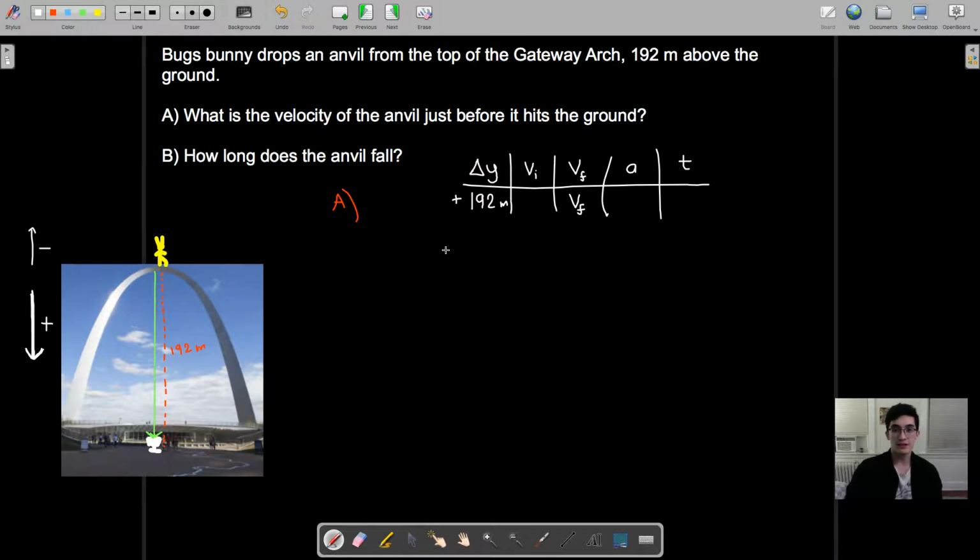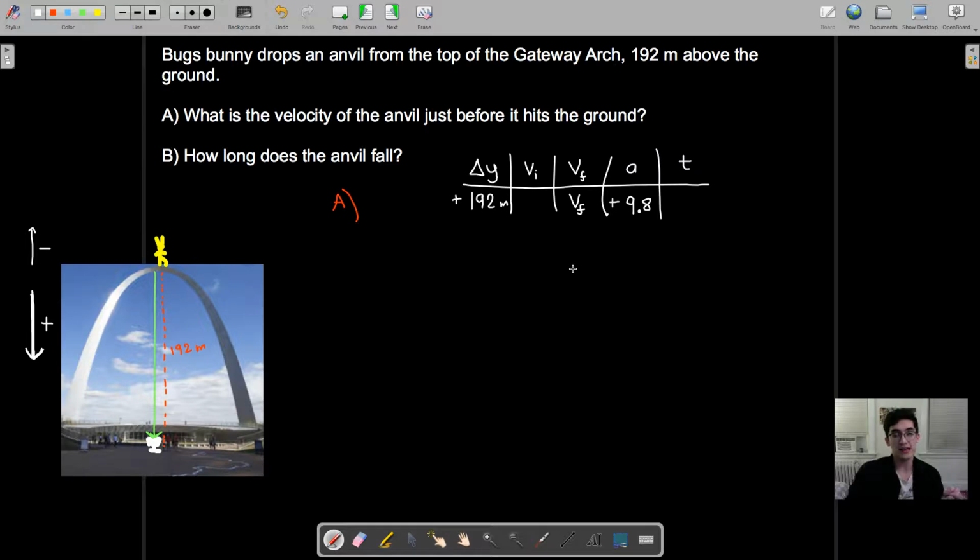The acceleration of my anvil is going to be 9.8 meters per second squared downwards, AKA positive 9.8 meters per second squared. The reason it's positive is because I labeled down as positive. If I decided up was positive and down was negative, then both my displacement and my acceleration would have to be negative, right?